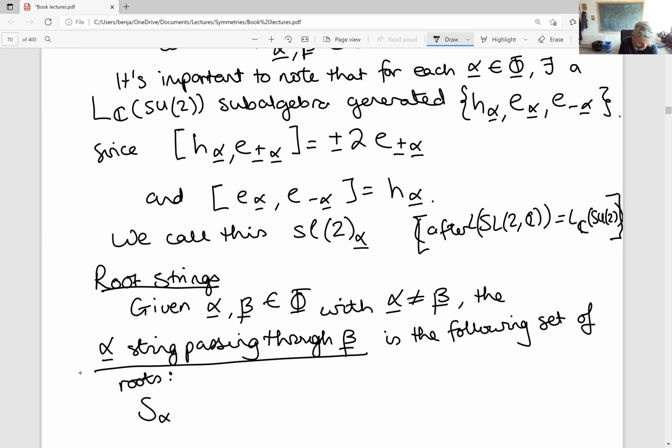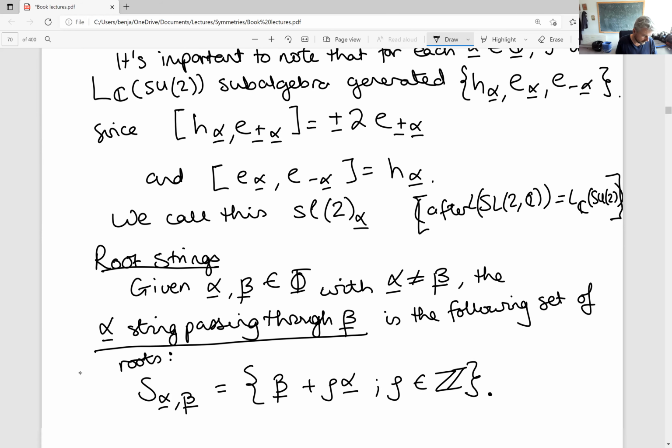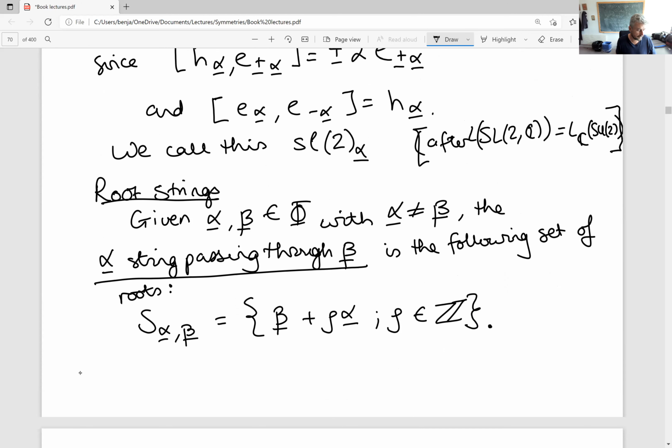So we're going to denote it with an S and an alpha comma beta suffix. So this is just beta plus rho alpha, where rho is just some integer. So we add rho times alpha onto beta, basically. So for a given root string, there's a corresponding vector space.